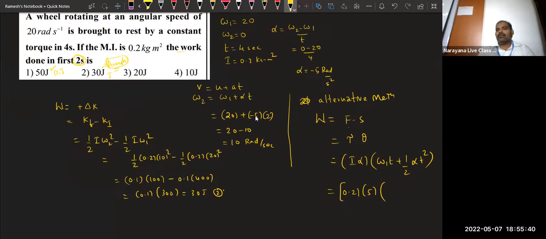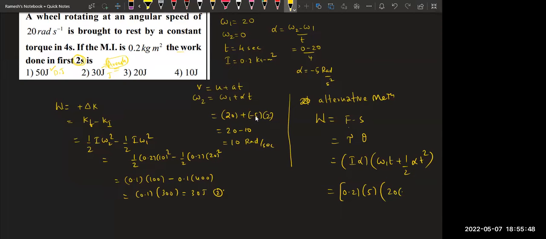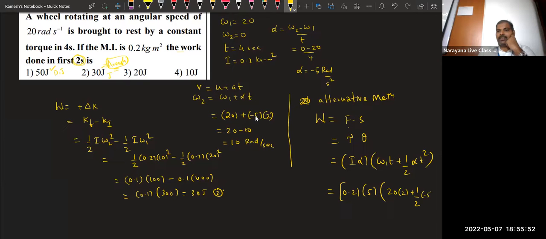Omega 1 value, how much? 20 into t, 2 seconds, sir. 2 plus half into alpha, minus 5 into 2 square. 0.2 into 5 is 1, into 40 minus 20 by 2, means 10. So 30 joule. Understood?